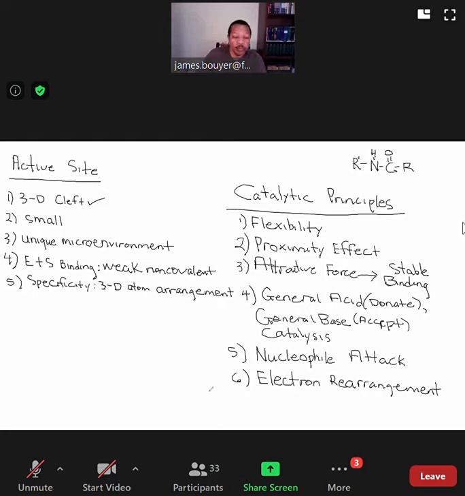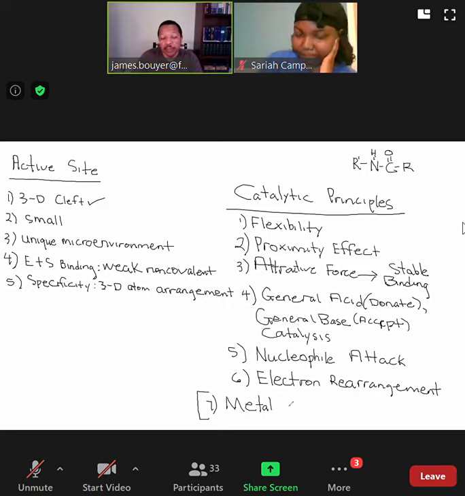There's another principle that I'm going to put in brackets, and we will see this when we do another mechanism, and this is metal attack. This is not in chymotrypsin. We will do another mechanism, and we will see attack that is facilitated by a metal. So we'll call that metal catalysis.